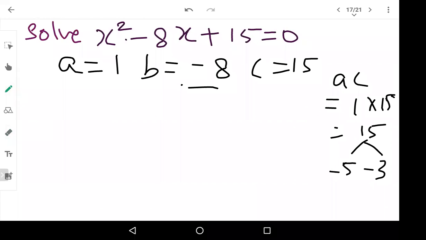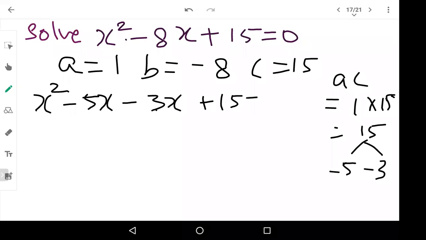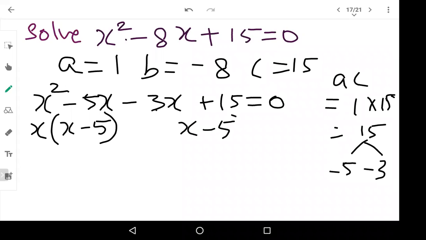So let's rewrite the equation. The equation will be x square minus 5x minus 3x plus 15 is equal to 0. So next I can take x as common. So x minus 5 will be remaining. So this side also x minus 5 will be remaining. So what is the common number I can take?